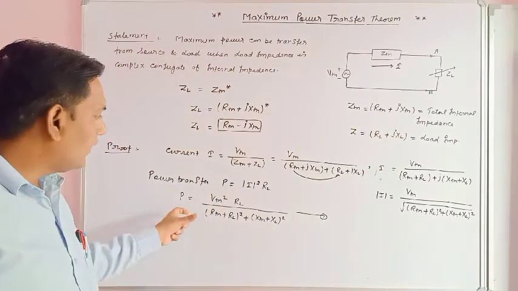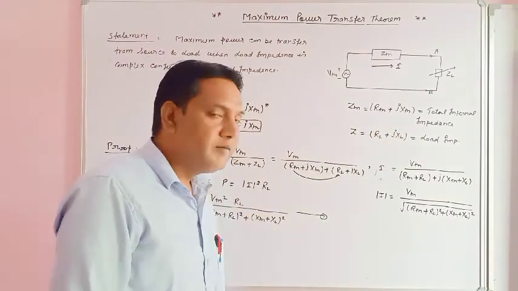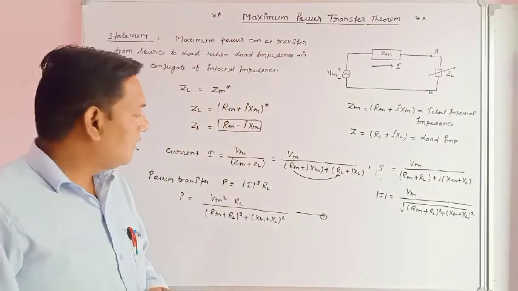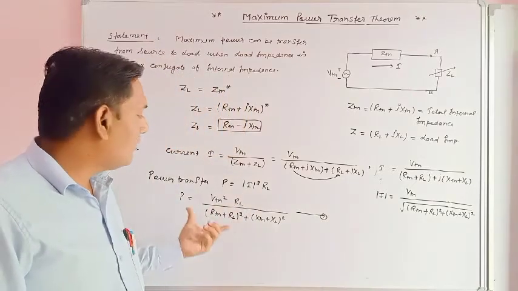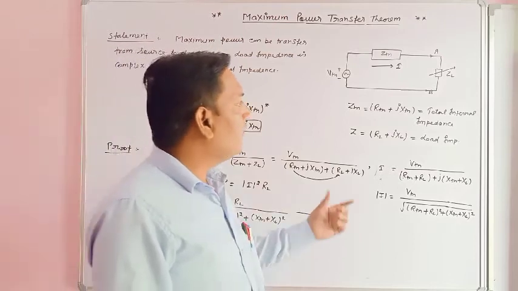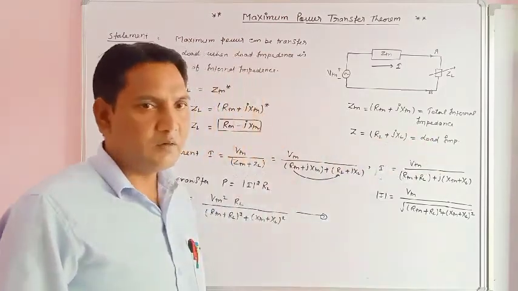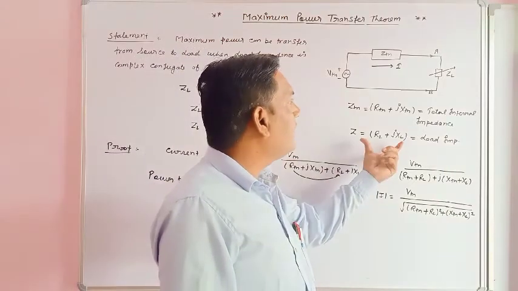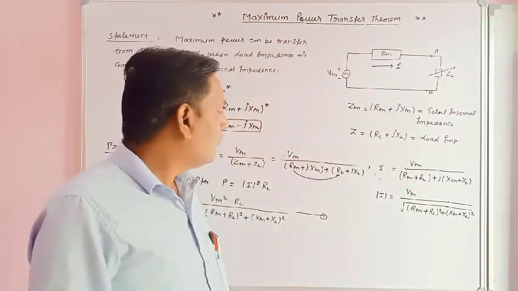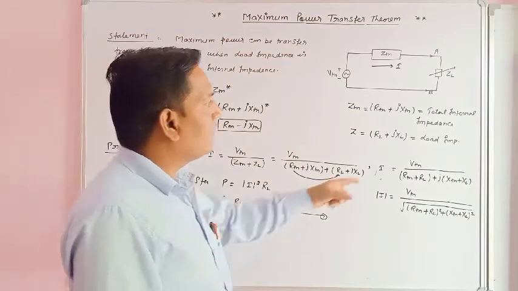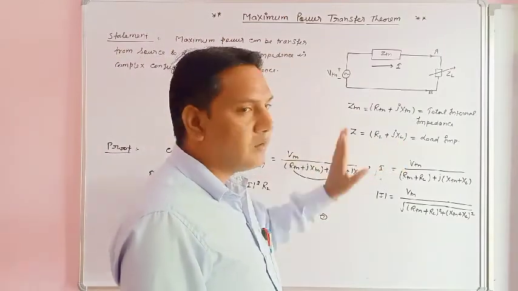To calculate the maximum power, first we have to decide on which parameter of the load the power depends. We have considered the general case, that is ZL equal to RL and XL, a combination of RL and XL, and we are varying both parameters. So we will differentiate this power with respect to XL as well as with respect to RL.